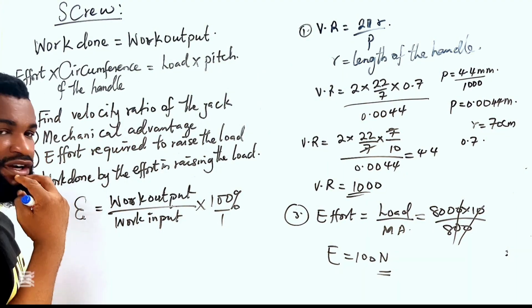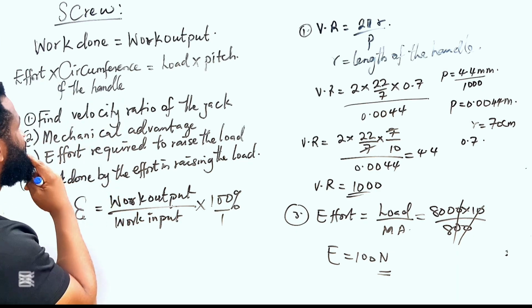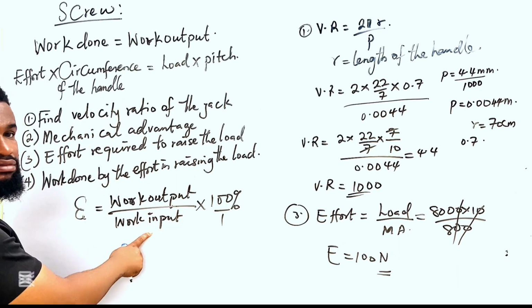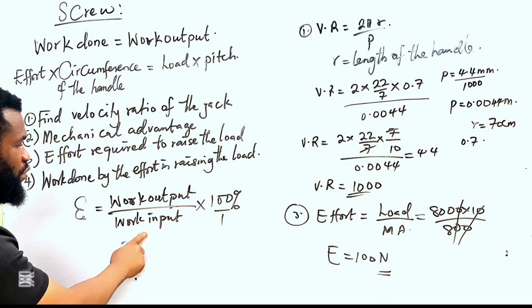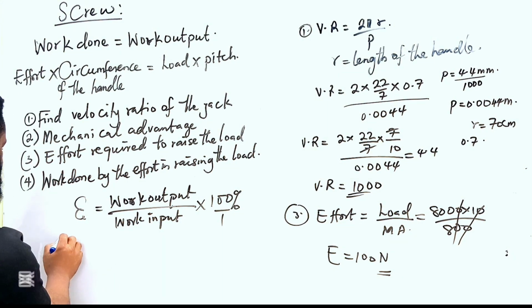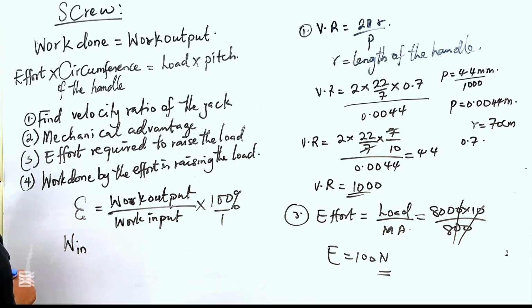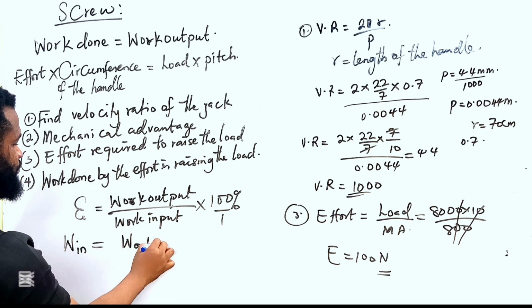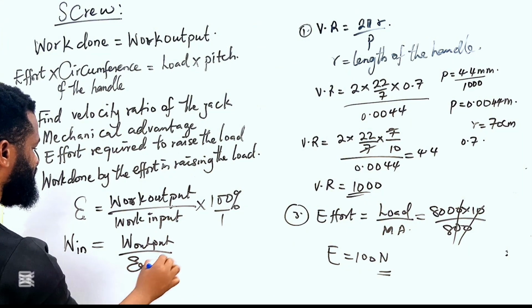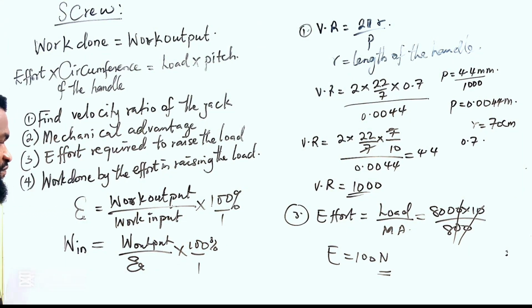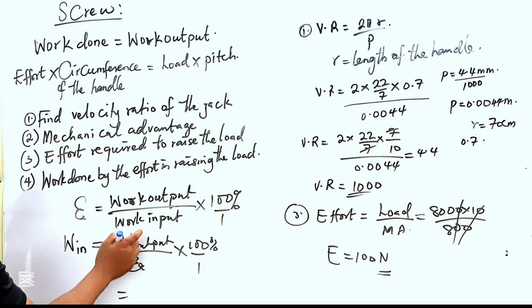The work done by the effort should be work input, not work output. So I'm going to say that work input is equal to work output all over efficiency times 100 over 1. And this is going to be equal to work output.